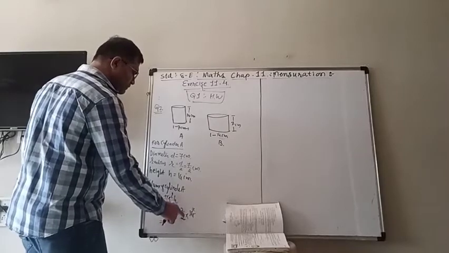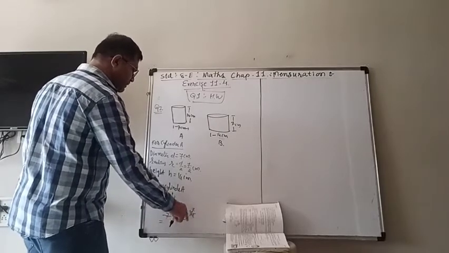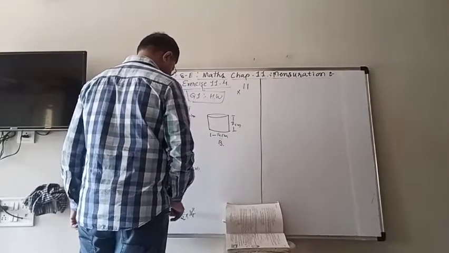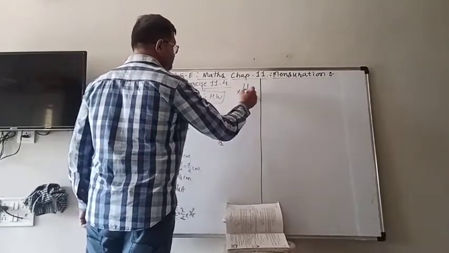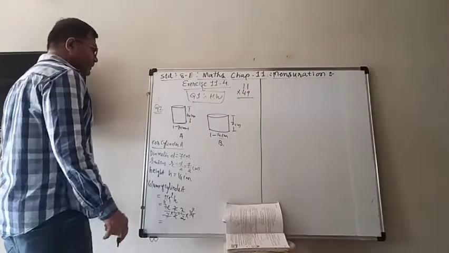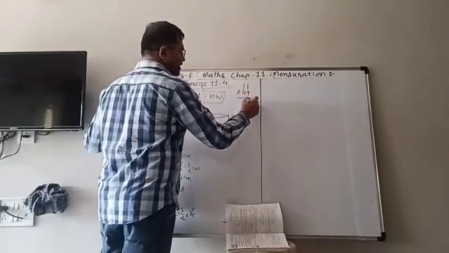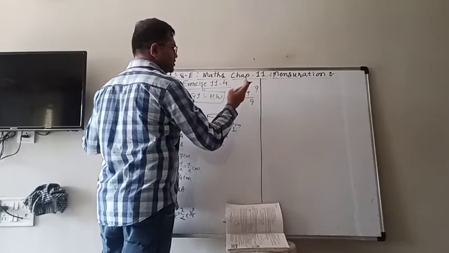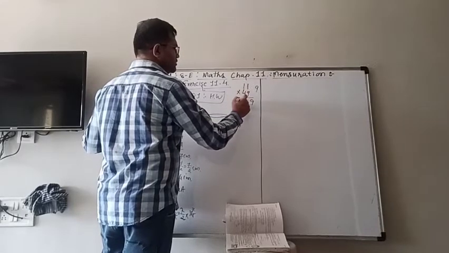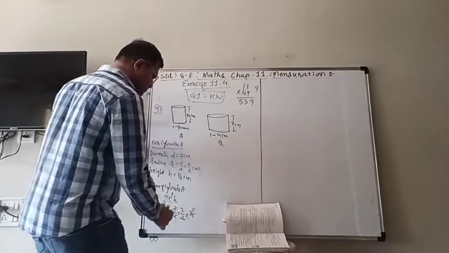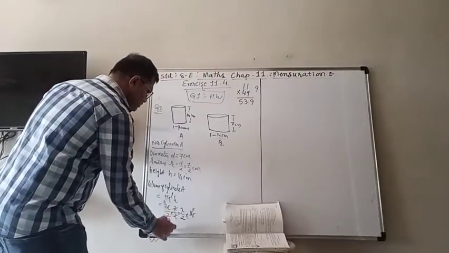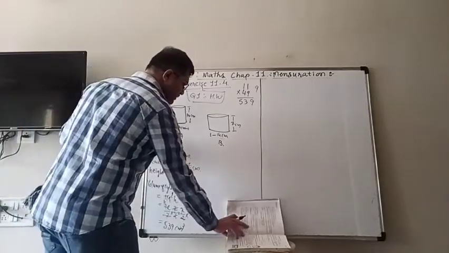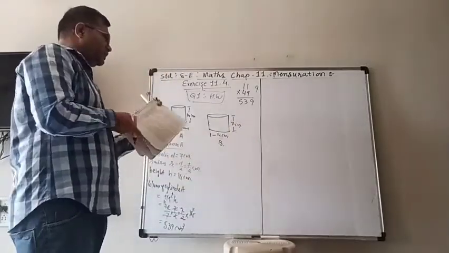So that is 11 multiplied by 7 multiplied by 7, means 11 multiplied by 7 sevens are 49. We have to multiply 11 nines are 99, 11 fours are 44. So 539 centimeter cube.